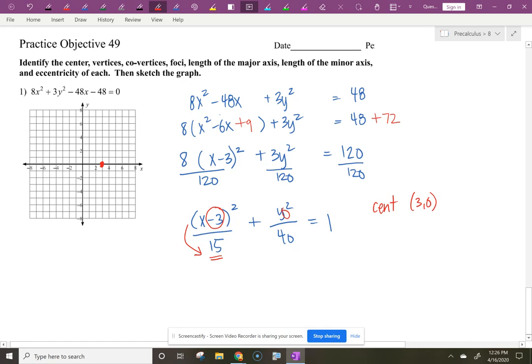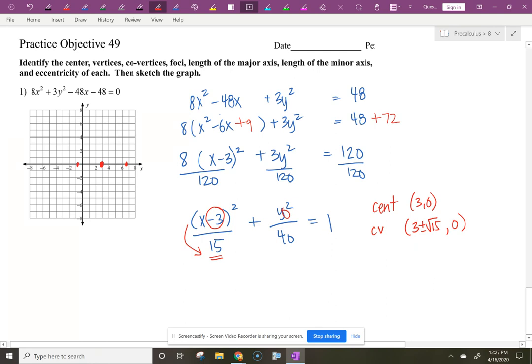So root 15, that's almost 4. And those we will call the covertices. They're in the x direction, so I'm going to take the center, and I'm going to add or subtract root 15 to that center. And again, it's almost 4. So 1, 2, 3, 4. 1, 2, 3, 4. And there it is. Those are our covertices.